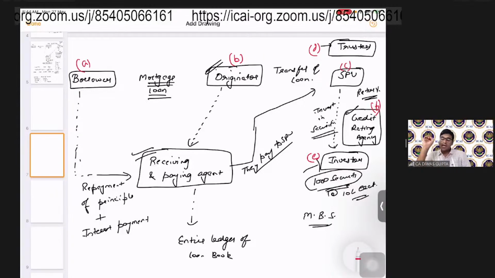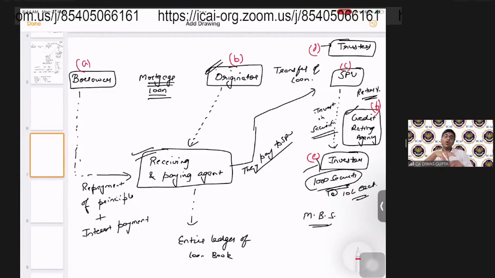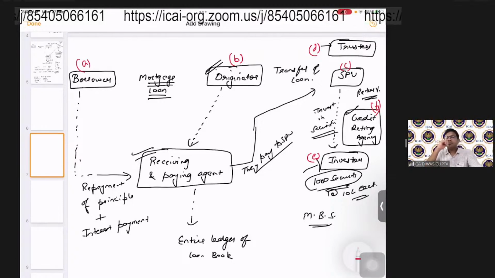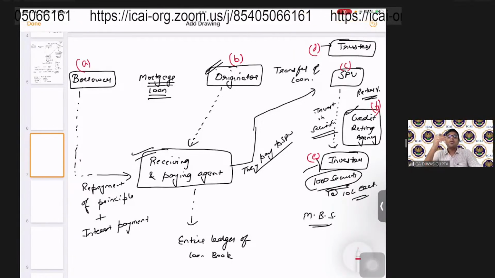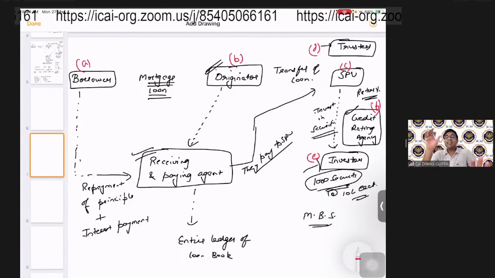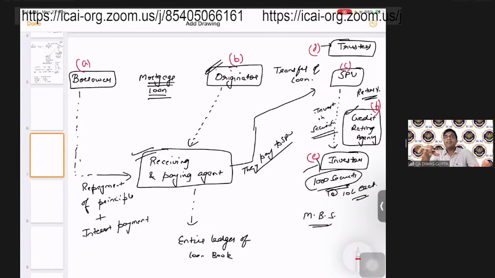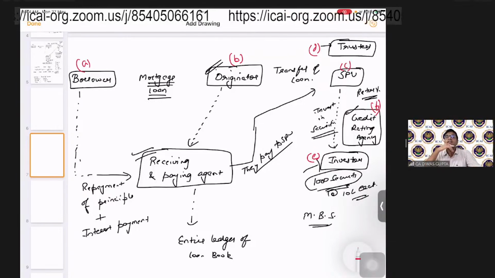So hence, SPV will say to the originator, hey, we need to appoint some sort of a receiving and paying agent. And this receiving and paying agent will have a responsibility to receive the amount from the borrower, check it, maintain the ledger of books of accounts, make sure that the payment is received on time and hence remitted back to the respective SPV.